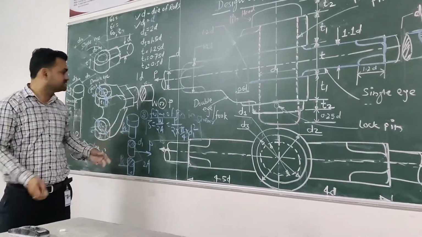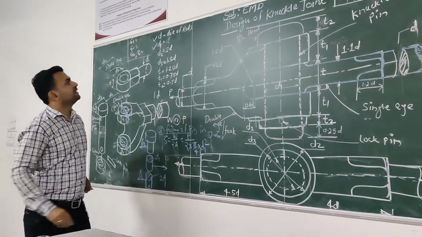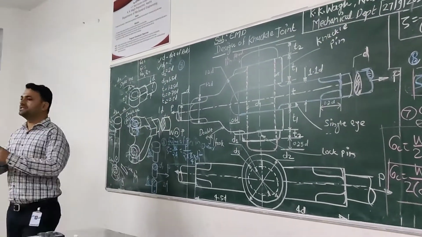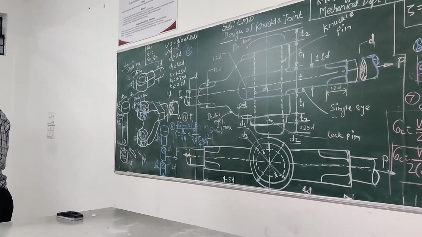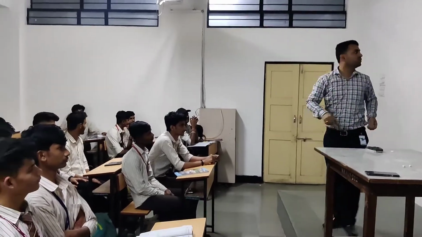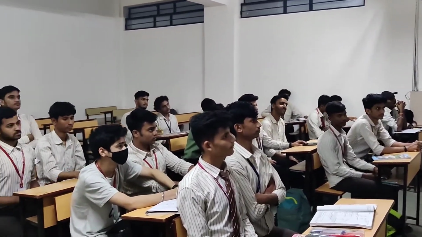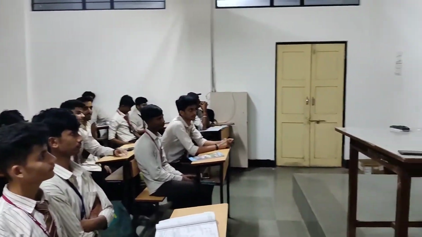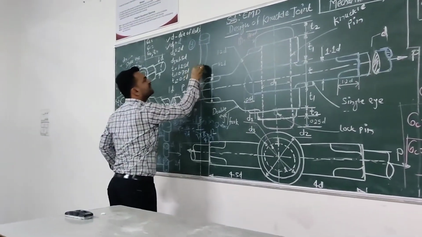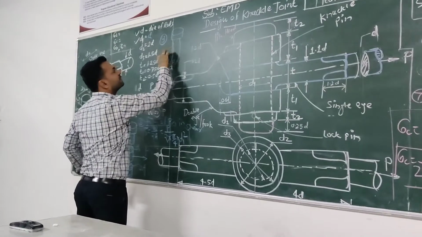Okay. And in the last, that is step number 9. If the pin is not going to fail in shear, we have designed it. The knuckle pin may get bent. So the last step is bending failure of knuckle pin, and bending will be like this. If this is the knuckle pin, bending will be like this. This is the bending of the knuckle pin.